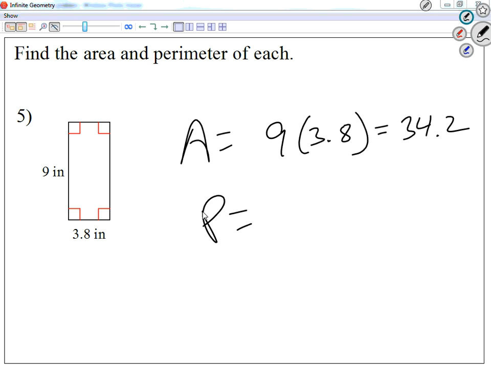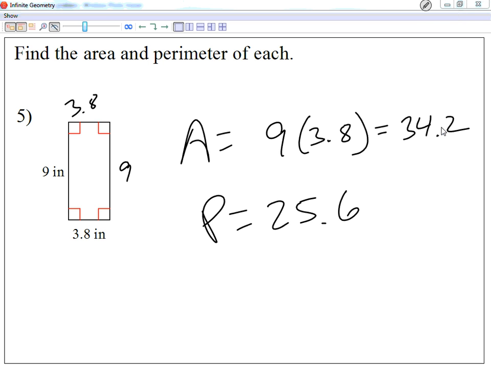Perimeter, for rectangles, you can figure it out. I know this side right here is 3.8. I know this side right here is 9. Add everything. That gives me what? 25.6? Hey, what did you do after 34.2? 34.2, just that.